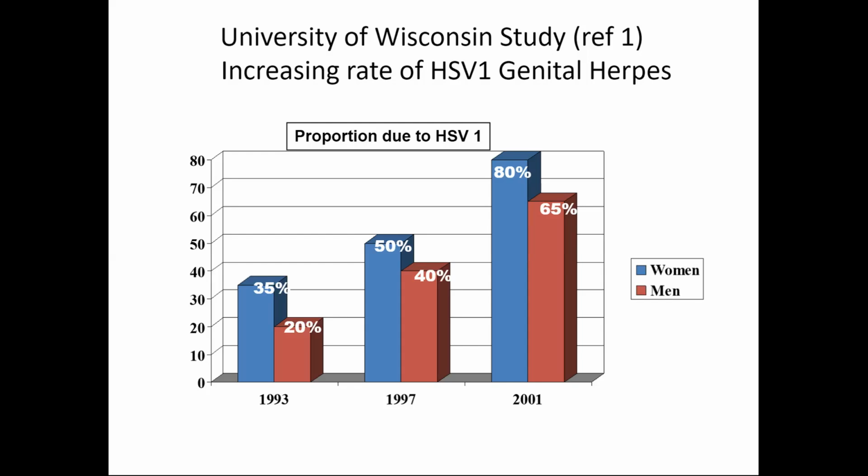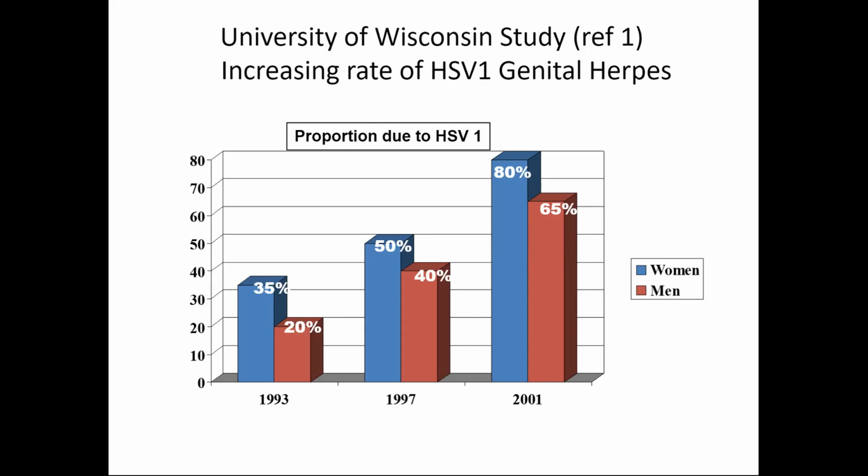In 1993, 35% of cases in women were due to HSV-1. By 2001, that had jumped to 80%, and a similar change in young men from 20% in 1993 up to 65% in 2001.